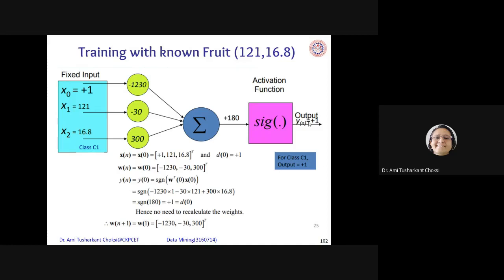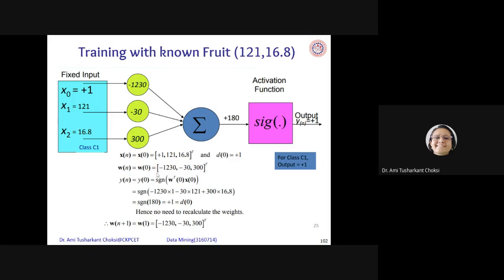And the desired output is plus 1, as this is the data of the fruit which belongs to class 1, right? So the desired output is plus 1, but is this desired? This is the actual output, okay? That we need to calculate and check whether actual output and desired output are the same or not.